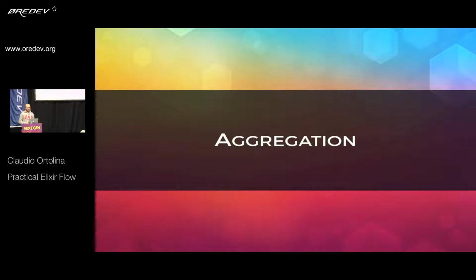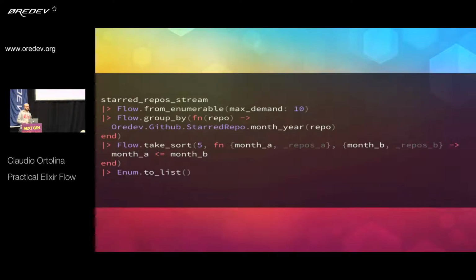Now, aggregation. What we want is the use case that we talked about before. We want to basically take this data and put it in buckets where we can see what was favorite in what month. So this is the initial version of that calculation. We start in the same way, and then group by month-year.